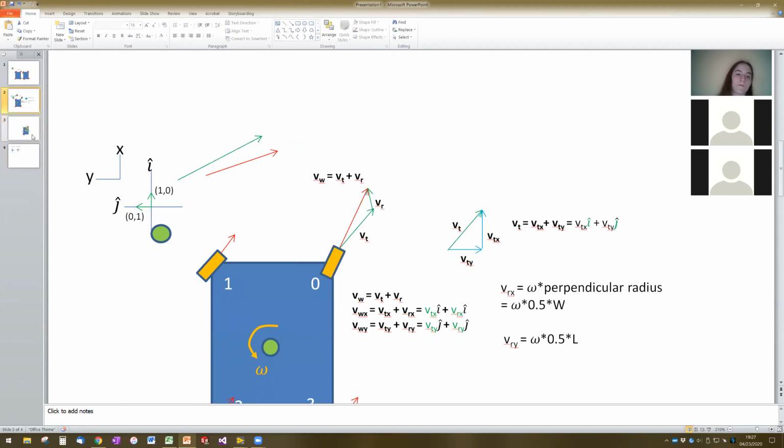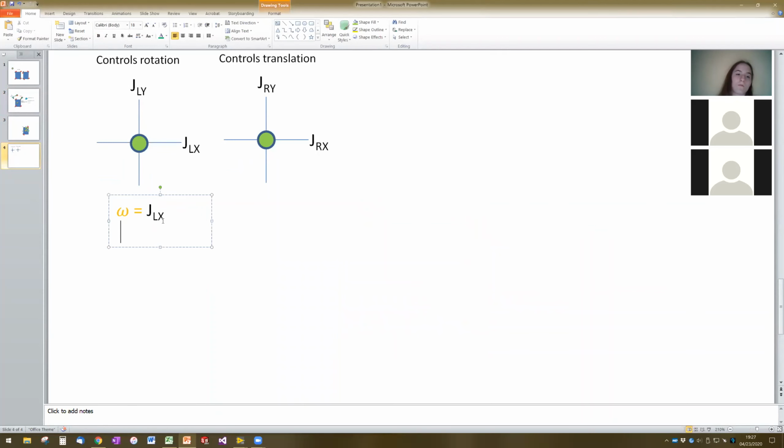And then we decided as well that the x component of the translation vector was equal to the right joystick's y direction, again, because for the robot x is forward and back, and left and right is y.